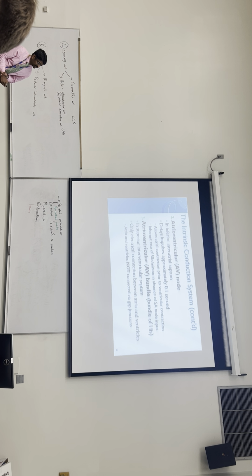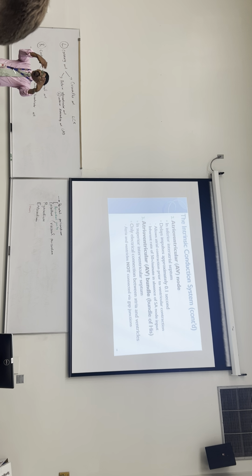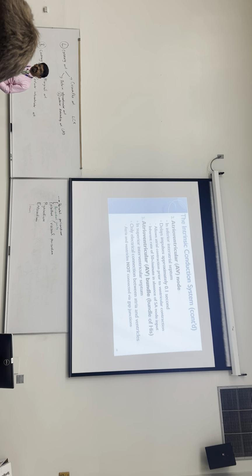So the AV node is the connection between that and the AV bundle. That's the first function, but a very important function is this one. It delays the impulse. It says, okay, wait, and sends it, just to make sure that the atria depolarize first before the ventricles depolarize.